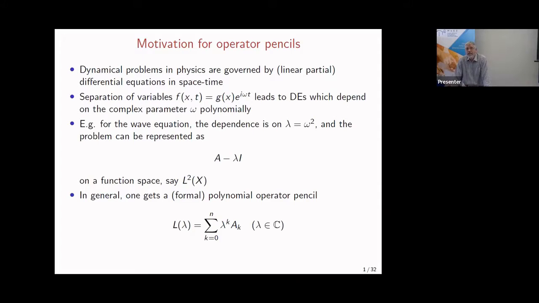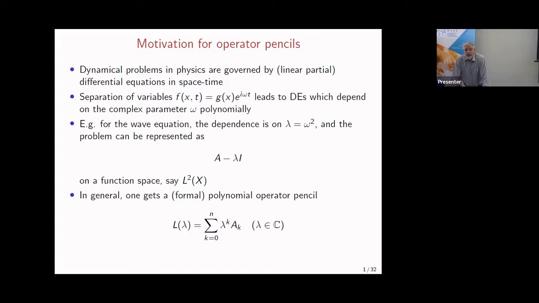But in many cases, like for the wave equation, one puts lambda equals omega squared, then one gets an operator of that form A minus lambda I. There are many problems where one cannot just have the parameter lambda linearly.